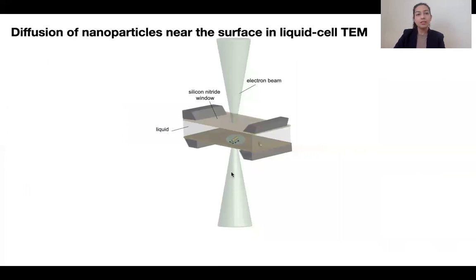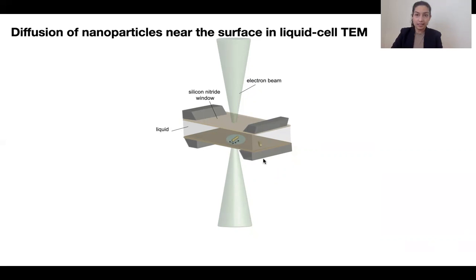Basically, we have a microliter of liquid containing our nanoscale objects and entities that are encapsulated in a nanofluidic chamber that has transparent windows made of silicon nitride or graphene, which is transparent to the electron beam. As we shine the electron beam through this chamber, we can observe the dynamics happening inside it. This technique has been used as an observational tool for studying nanoparticle growth or interactions between nanoparticles.